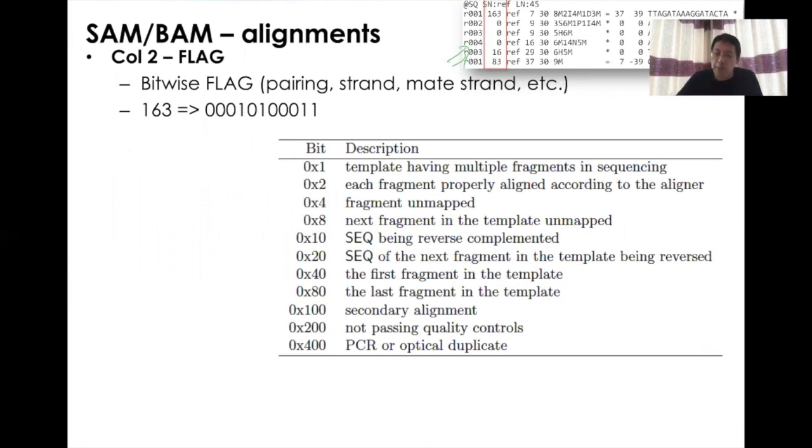So the first element I want to go through is this particular flag field. As you can see, some of these numbers are zero, and some of them are not zero. So let's go through this. 163, what does this really mean? This sounds like just a number, but actually this number contains a lot of information.